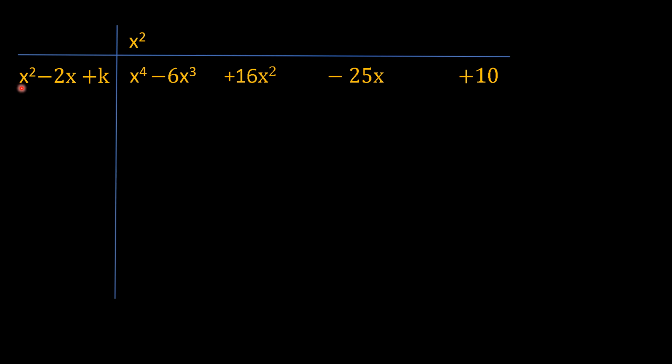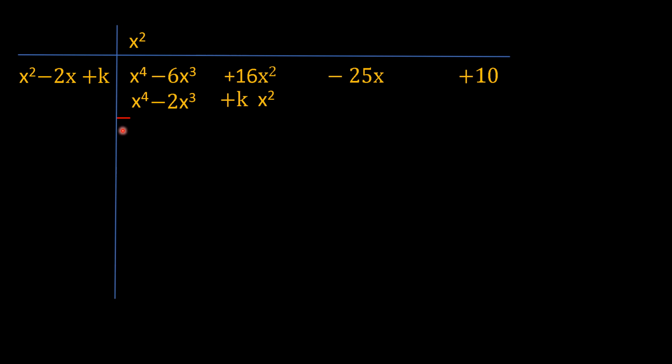Then we will multiply the divisor by x squared, so that x squared multiplied by x squared will be x raised to 4, which we write here. x squared multiplied by minus 2x will be minus 2x cubed. Then x squared multiplied by k will be kx squared, which we write here.